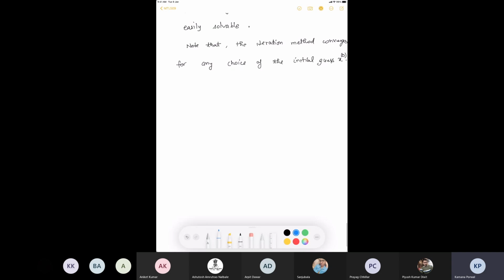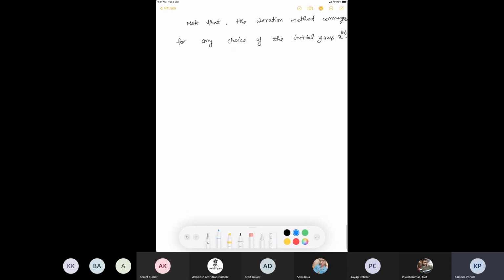Okay, let's take some problems and try to solve them. We have learned the Gauss-Jacobi and the Gauss-Seidel, right? So let's solve some problems.